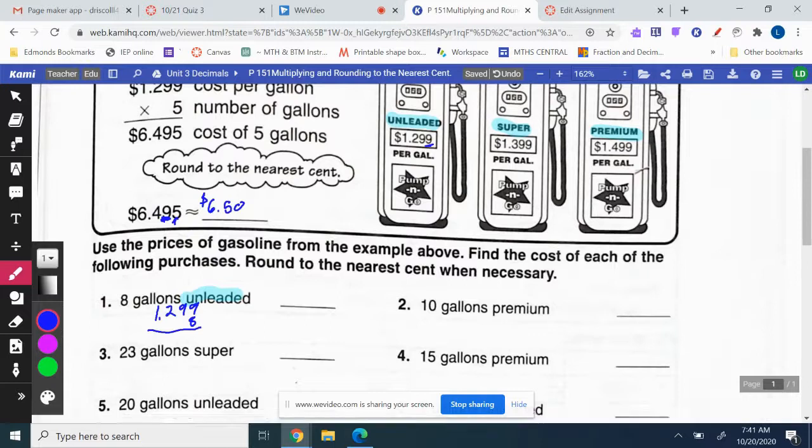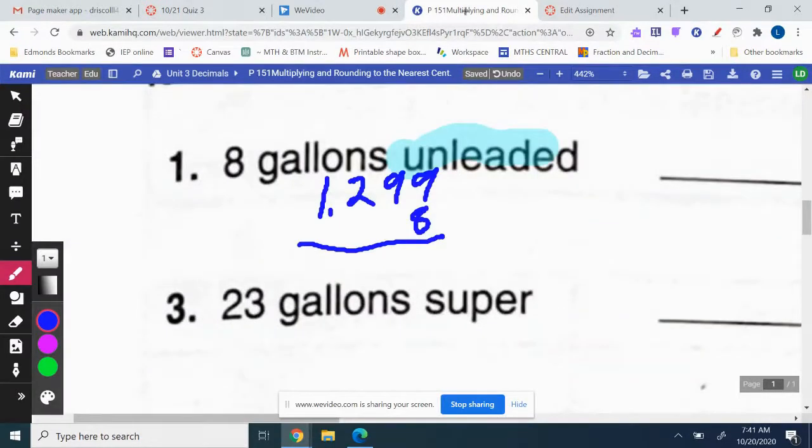I'm going to zoom in so I can multiply a little bit easier for you. 8 times 9 is 72. Carry my 7. 8 times 9 is 72 plus 7 is 79. 8 times 2 is 16 plus my 7 is 23. Carry my 2. 8 times 1 is 8 plus 2 is 10.